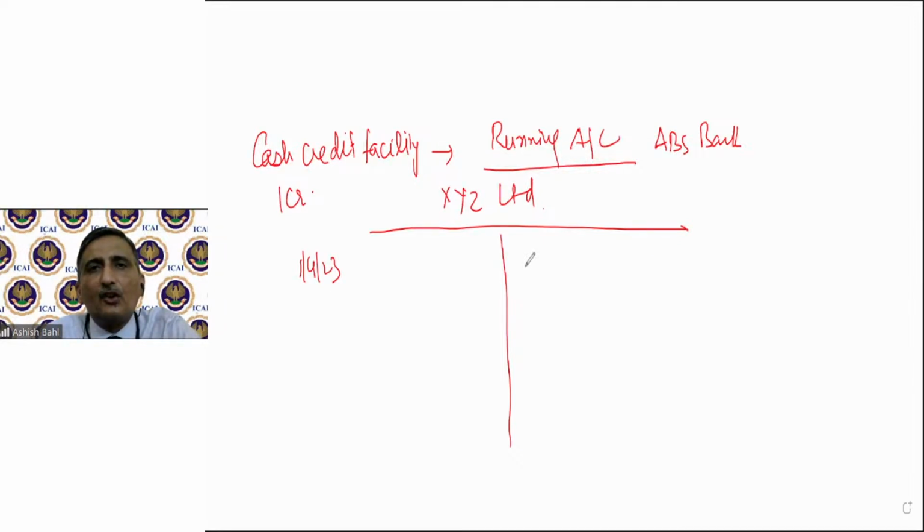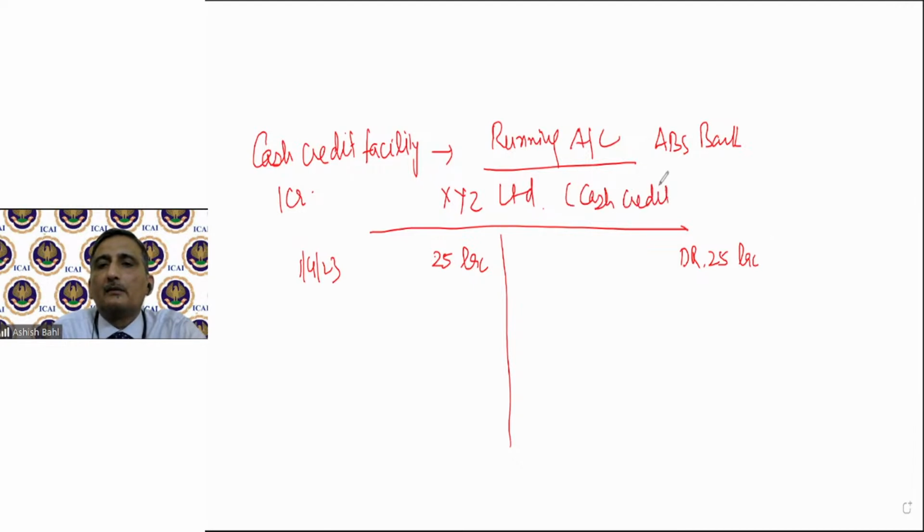Assume that no credit is available to the company. So the company issues a check to the supplier of raw material, and the bank would honor a check of, say, 25 lakhs. So the amount would be debited in the account of the company for rupees 25 lakh. So this is the cash credit account, the loan account.